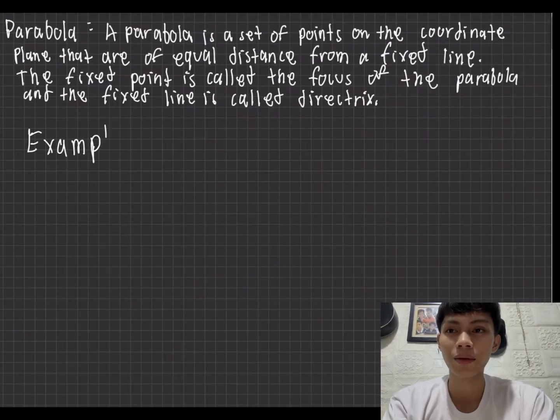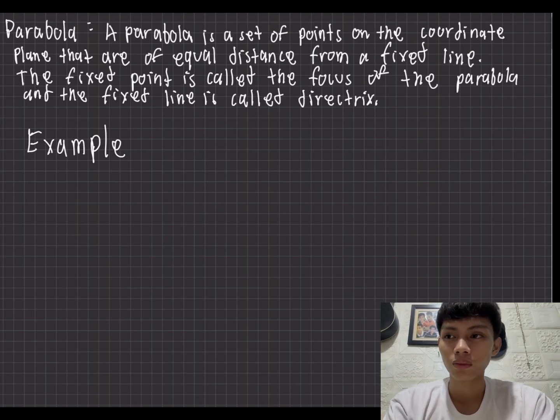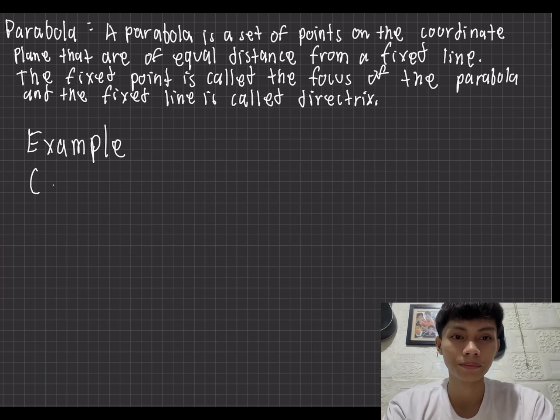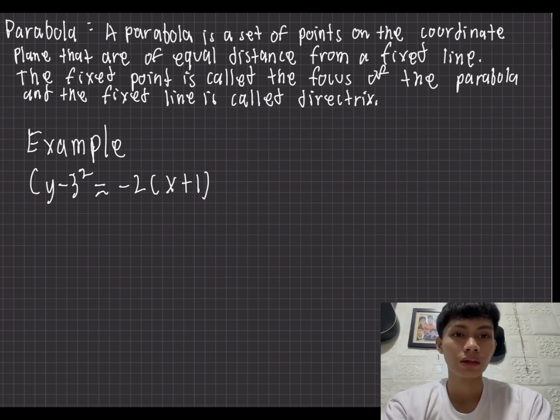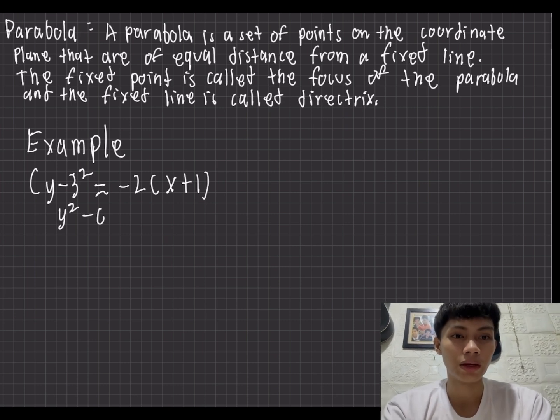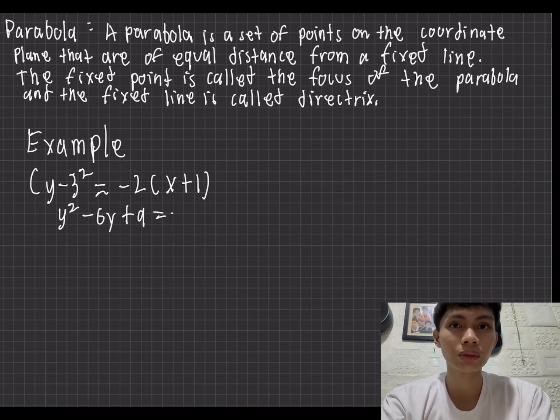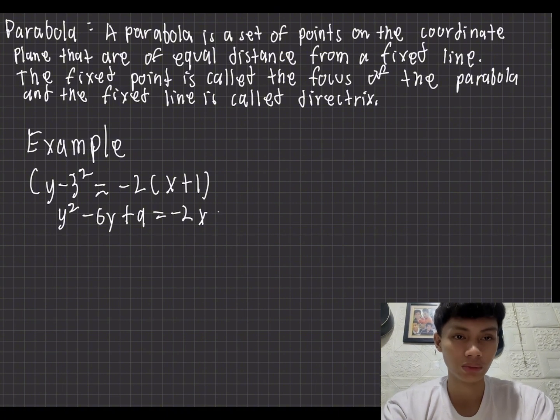For the first example, given the equation (y minus 3) squared equals negative 2 times (x plus 1), we need to expand. Square the first term, that will be y squared.